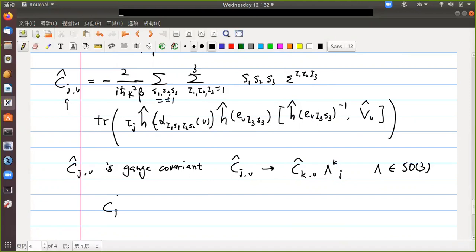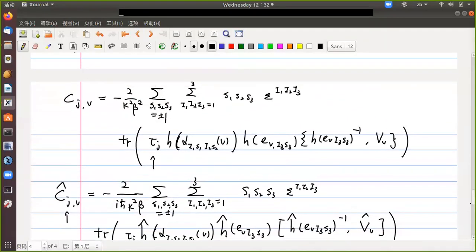So for example, this quantity, summed over j from 1 to 3, is definitely gauge invariant, and it turns out that this is the quantity we actually use later on. So in the end, we always use this operator to construct operators which are indeed gauge invariant, although this diffeomorphism constraint itself is not.